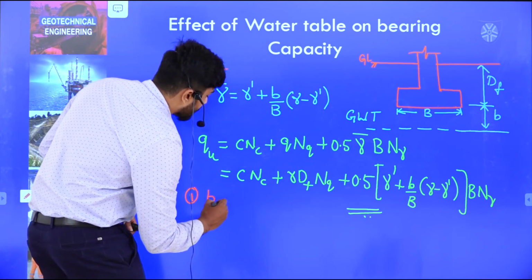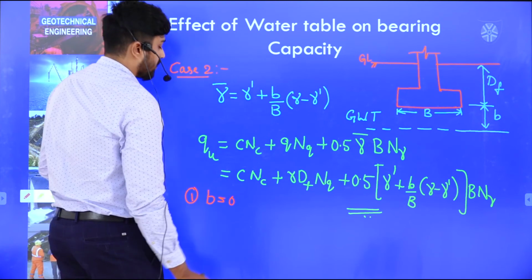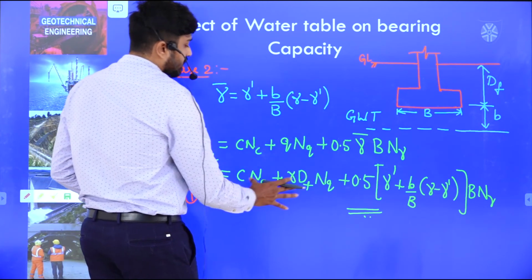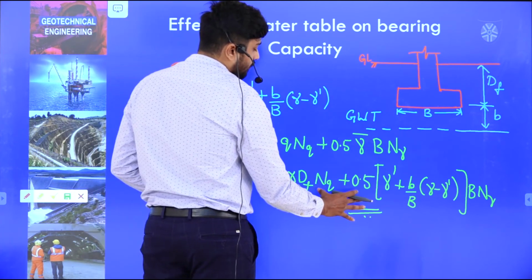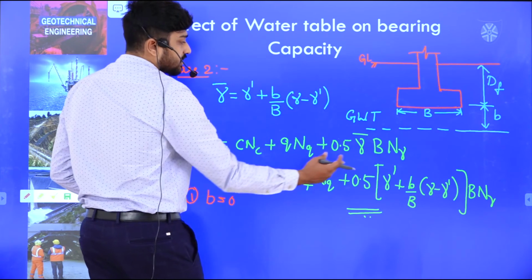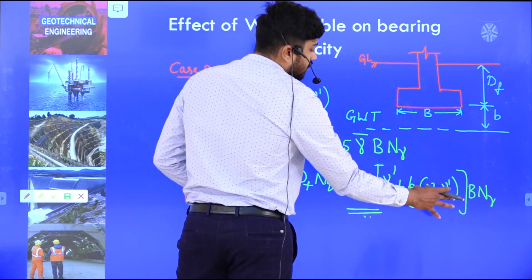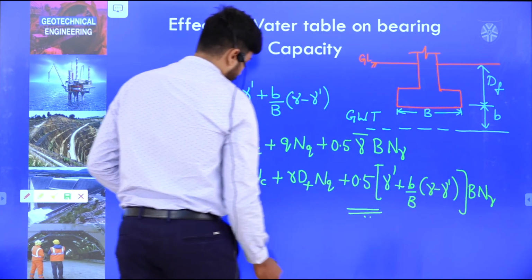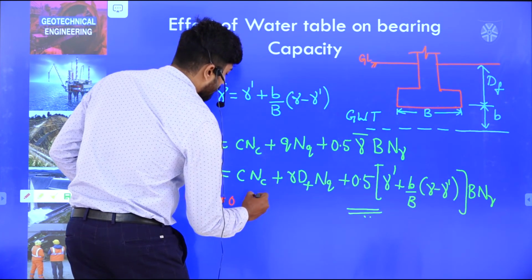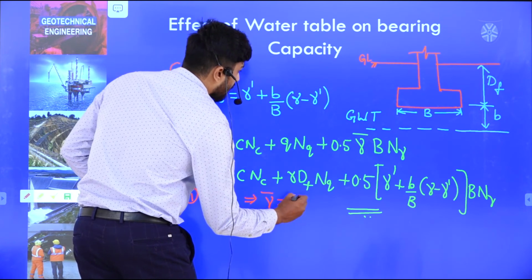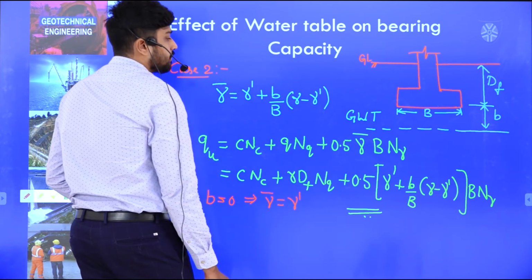When small b is equal to 0, when I substitute b as 0, let us look at this particular term. Obviously this term is 0, so this will be 0.5 gamma dash B N gamma. I will just write gamma bar here. This is the gamma dash term only.